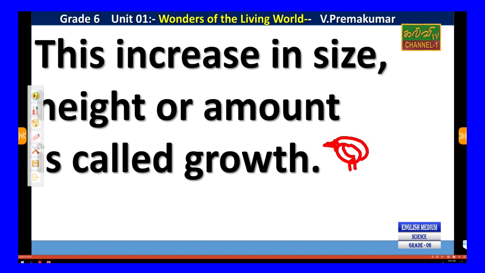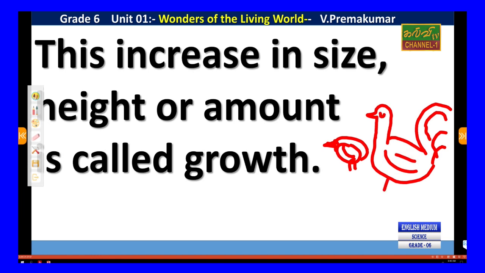Small chicks grow a little bit, and the size increases. Not only the size, but also the height: small height, big height.